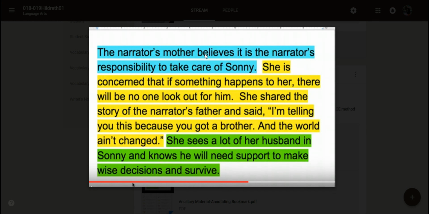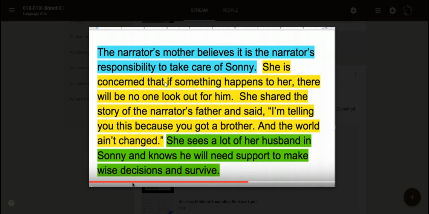Okay, so in this one, it was the narrator's mother believes it is the narrator's responsibility to take care of Sunny. She gives her examples. She is concerned that if something happens to her, there will be no one to look out for him. There's one example of why she believes it's the narrator's responsibility. She shared the story of the narrator's father and said, I'm telling you this because you got a brother and the world ain't changed.